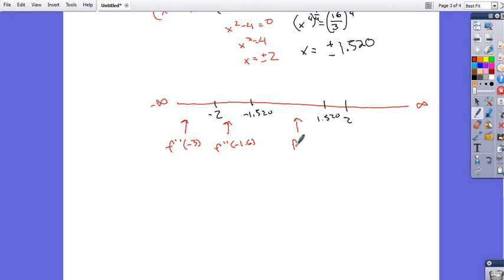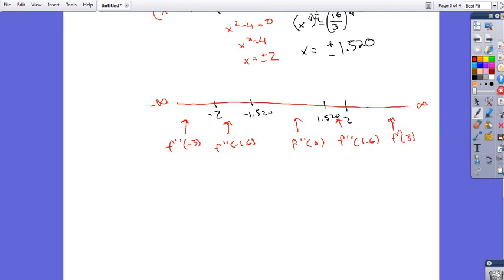F double prime of 0. F double prime of, let's see, 1.6. And f double prime of 3.